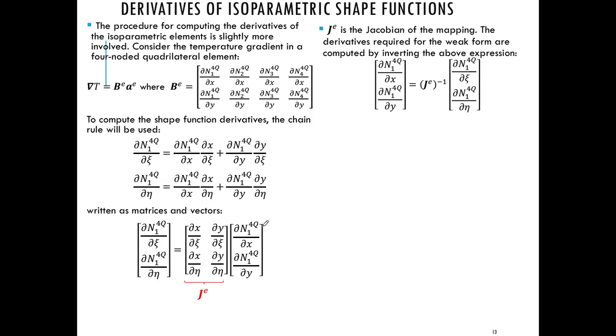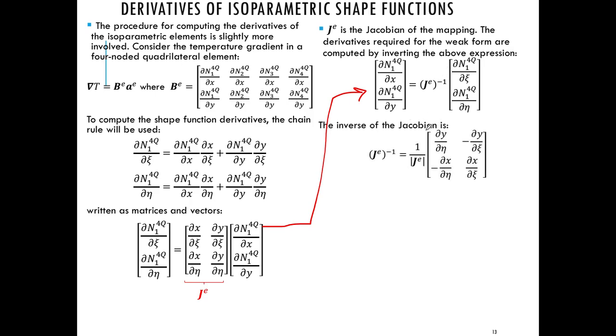This just follows from this expression right here. Okay, now what is within the inverse of the Jacobian? Of course, for our particular case in 2D, it just consists of a 2 by 2 matrix, so it's straightforward for us to find the inverse.